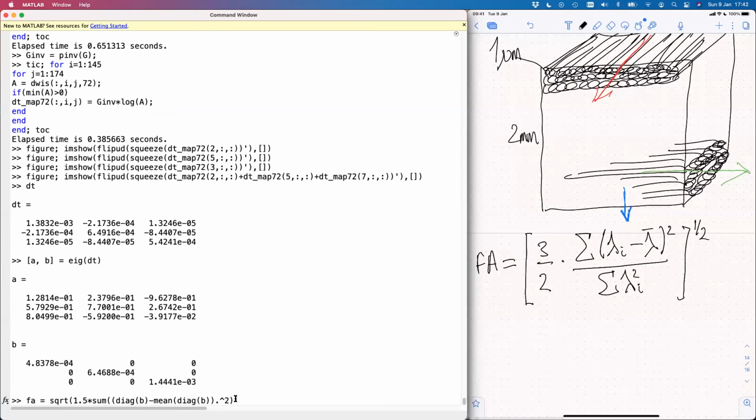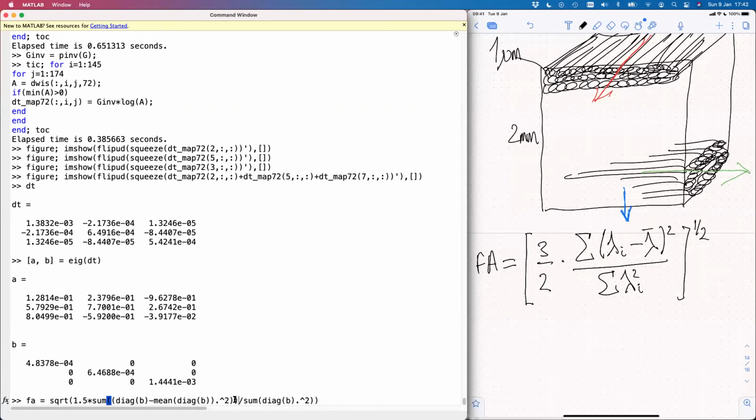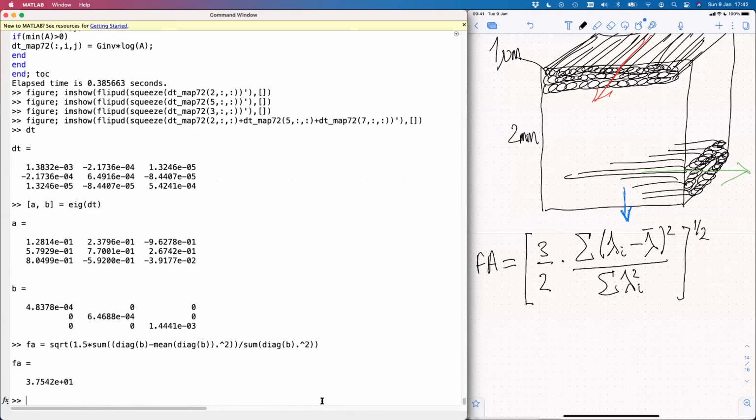And then we need to divide by the sum of just diag B this time, isn't it? All squared. Okay, and I need to close that sum there, and then will I close the square root? Yes, I know. Okay, so it gives us a fractional anisotropy of.